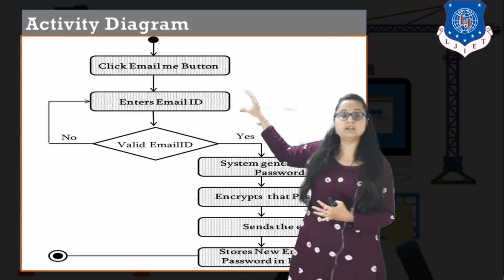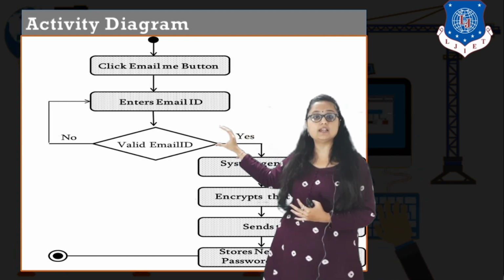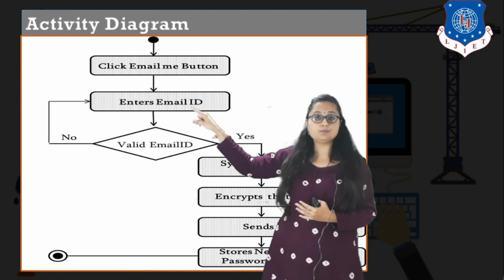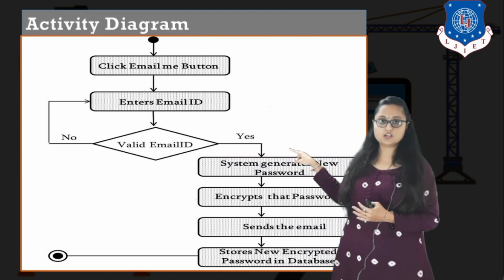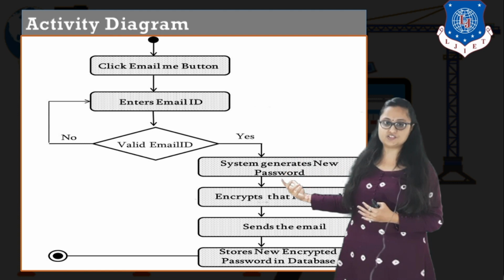After entering the email ID, there is a decision to be taken by the system whether this email ID is correct or not. If it is not correct, you are again prompted to enter the correct email ID. If it is correct, right, then you will have a system generated new password.